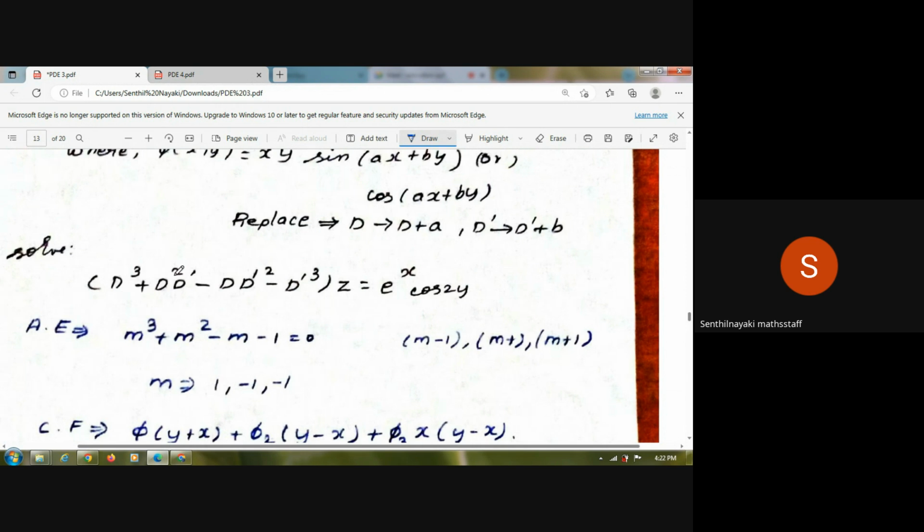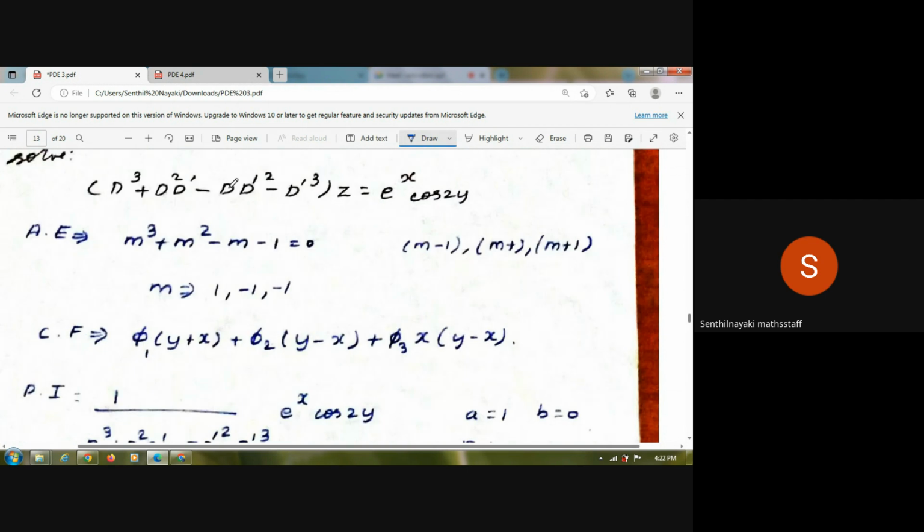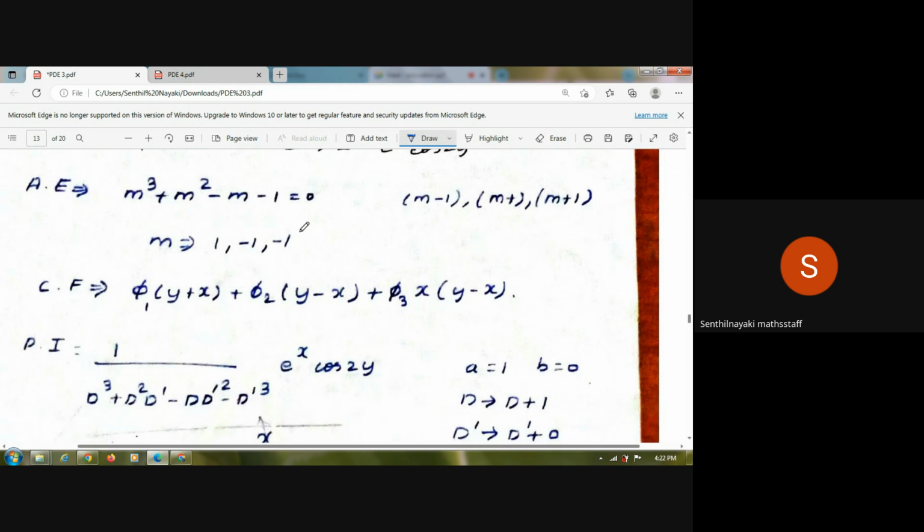D cube plus d square d dash minus d dash square minus d dash cube into z equal to e power x cos y. First we have to find out the auxiliary equation. Then we get m cube plus m square minus m minus 1 equal to 0. Therefore, there are three roots. They are 1, minus 1, minus 1.